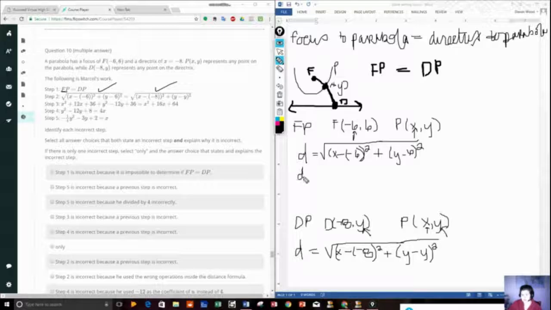So let's do that. So d is going to equal, this minus a -6 turns into a plus, and then when we have x plus 6 squared, what that means is we have x plus 6 times x plus 6. So that's what's happening here.